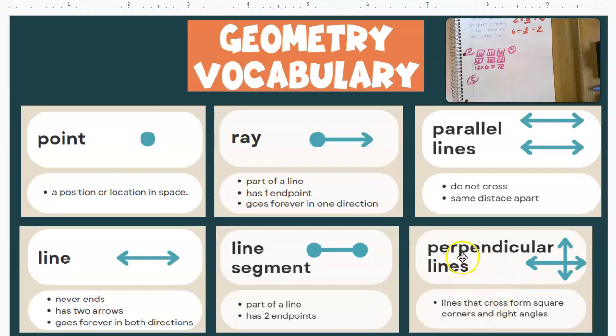Perpendicular lines are two lines that cross one another to form square corners. And also, those are called right angles. When an angle has a measure of 90 degrees, or it looks like the edge of a rectangle or square, those are called perpendicular lines, or lines that contain right angles.